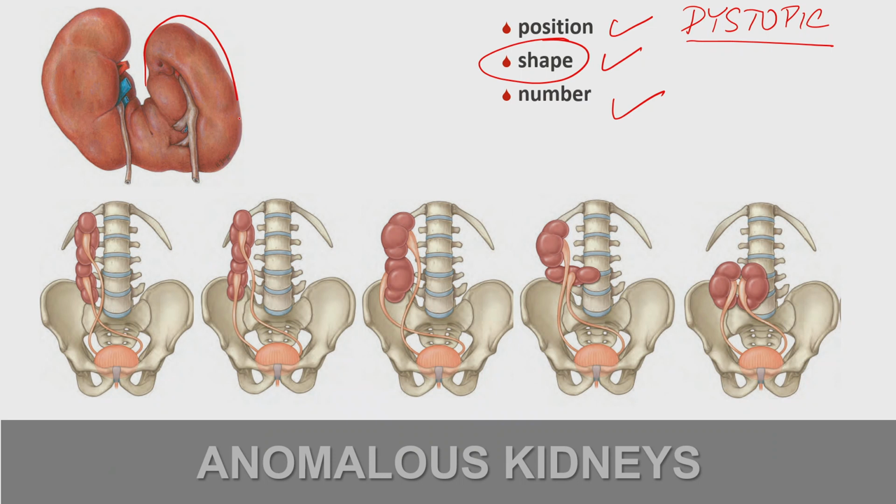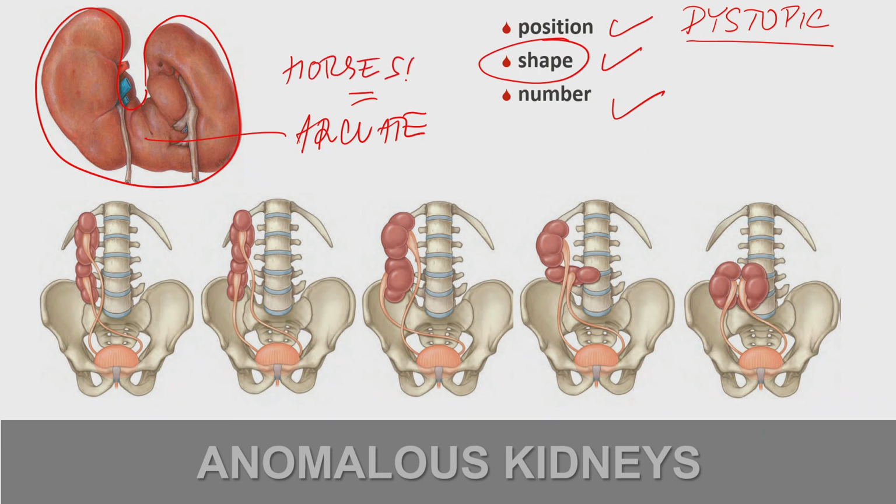And then we have the most popular and common, which is called arcuate kidney. But English more frequently uses horseshoe kidney.